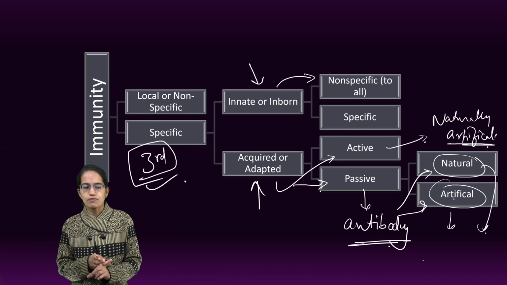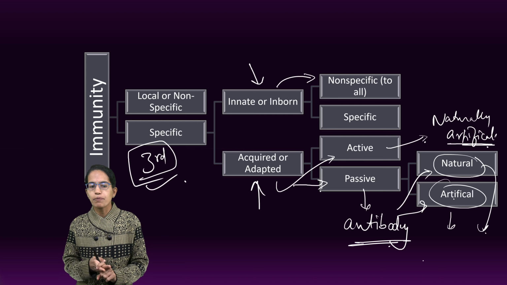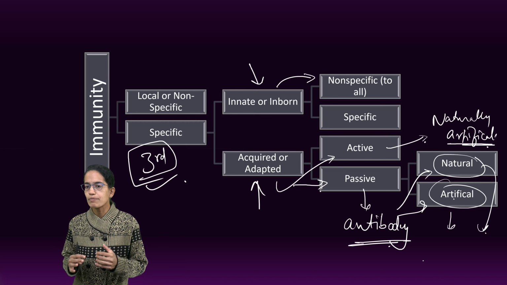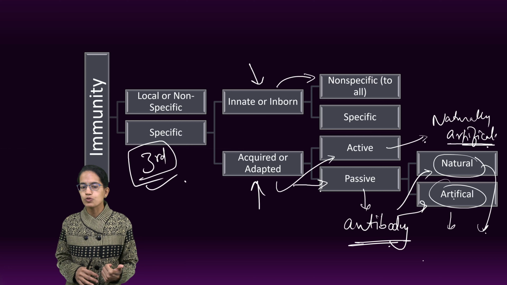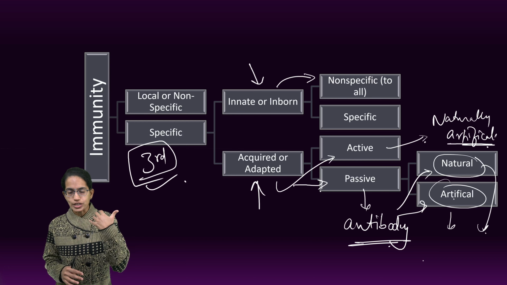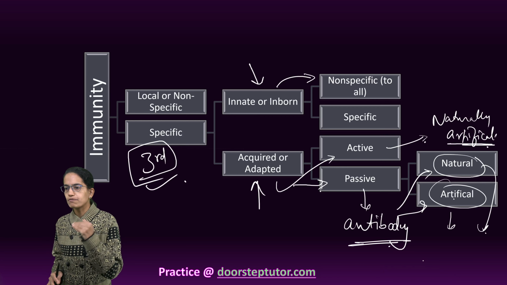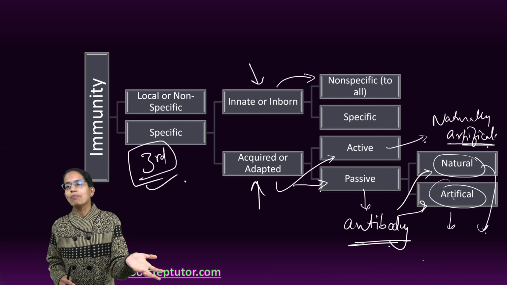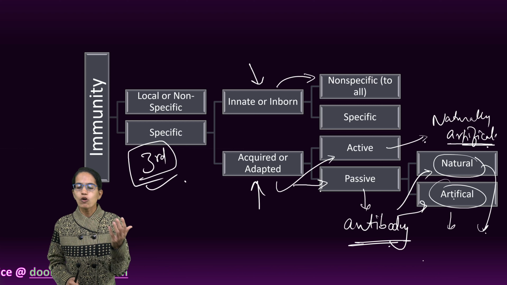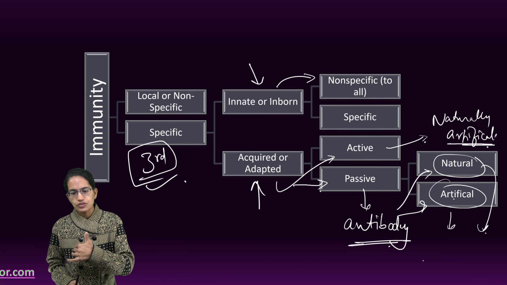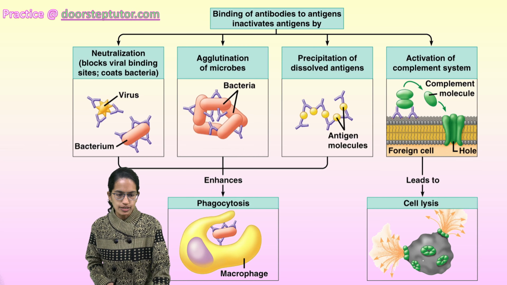The third line of defense, which is the specific immunity, could be inborn, acquired at the time the child is born, or acquired, which could be obtained naturally by the child from the mother, or given artificially as and when required by the body.